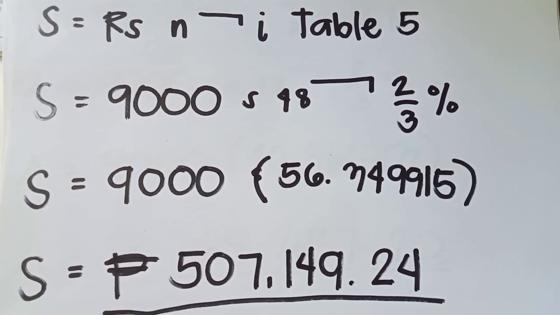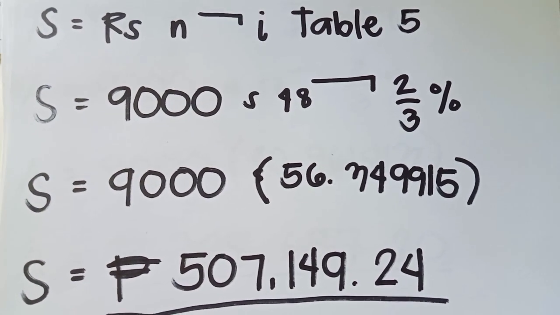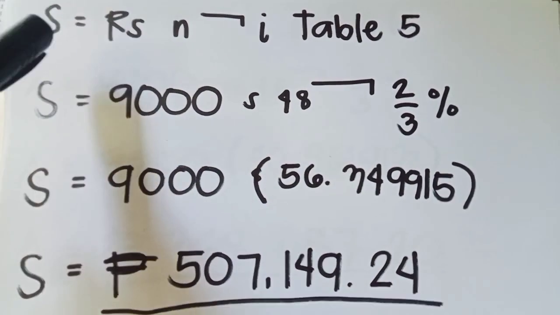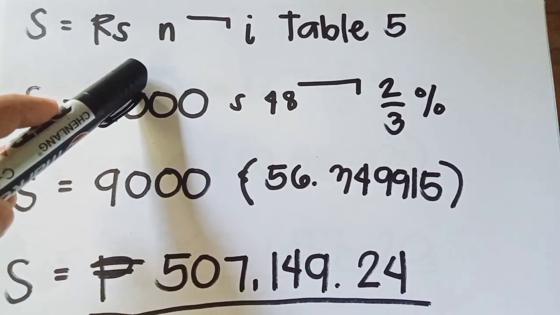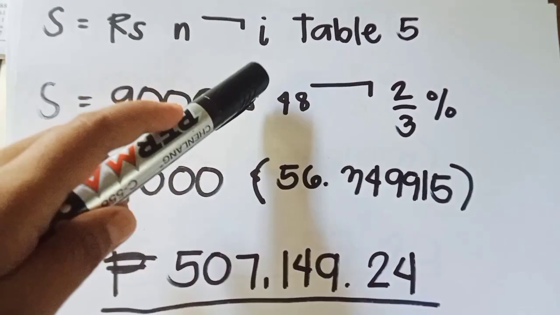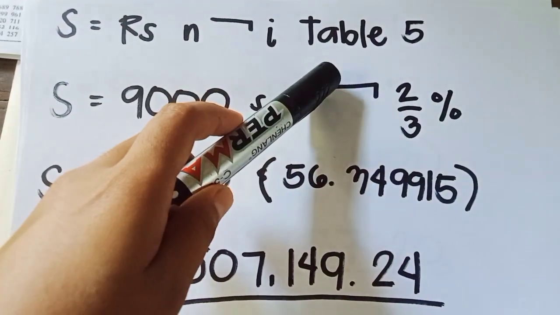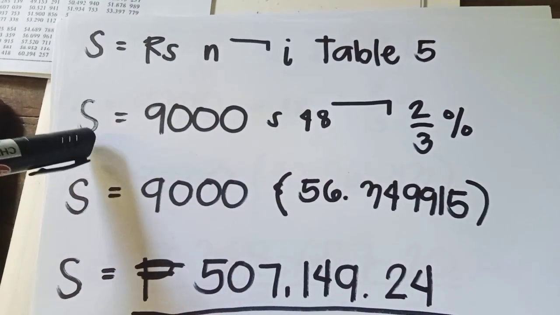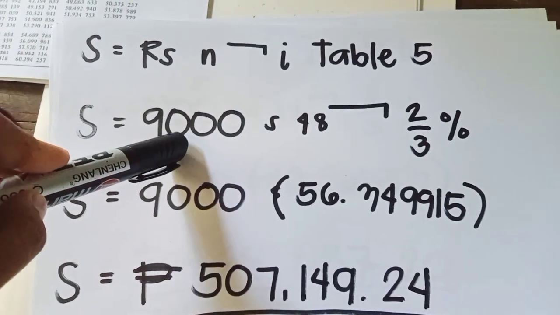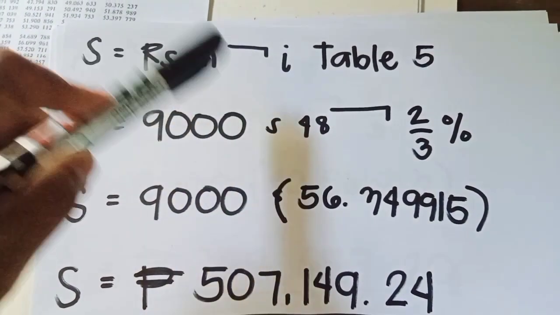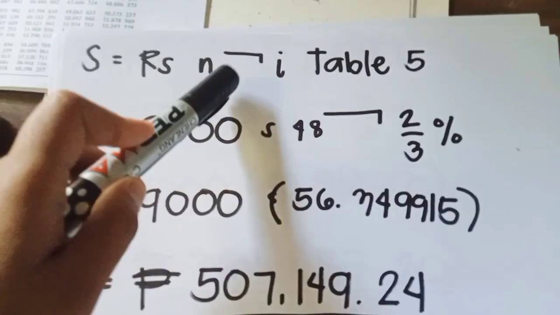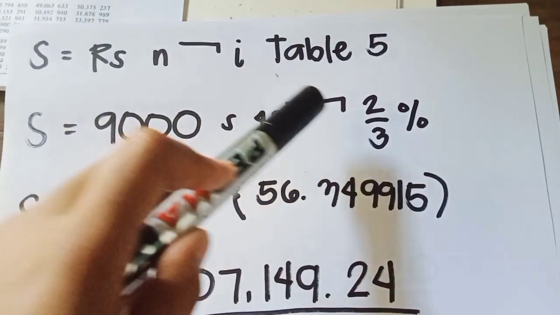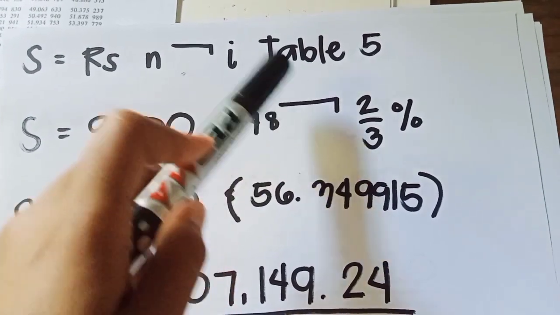So the formula of an ordinary annuity is S equals RS and angle I of table 5. So S equals 9,000, the RS, and N is 48. I is 2/3%.